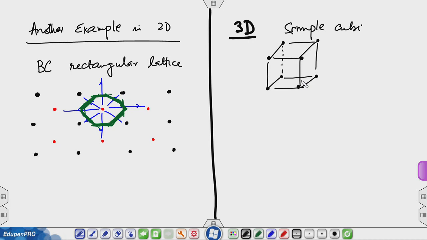Again, if I take a point and make all these perpendicular bisectors, here it is easy to see that it is going to be cubic. Again, more interesting would be body centered cubic.